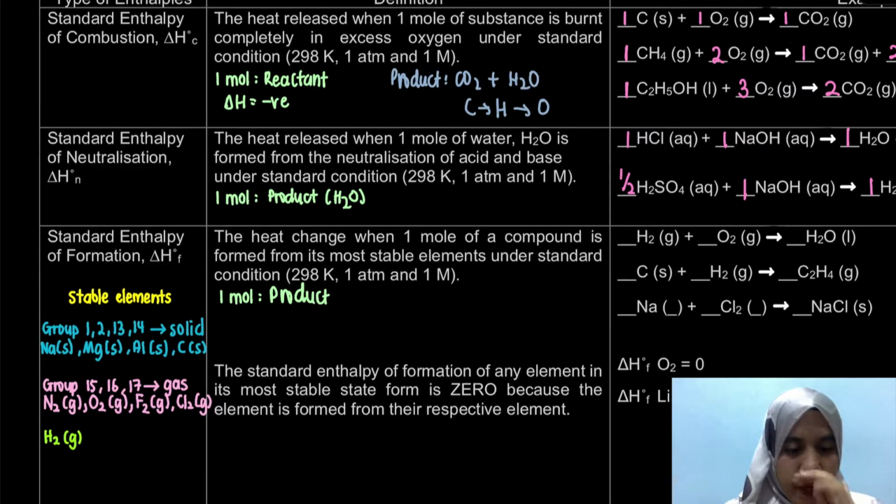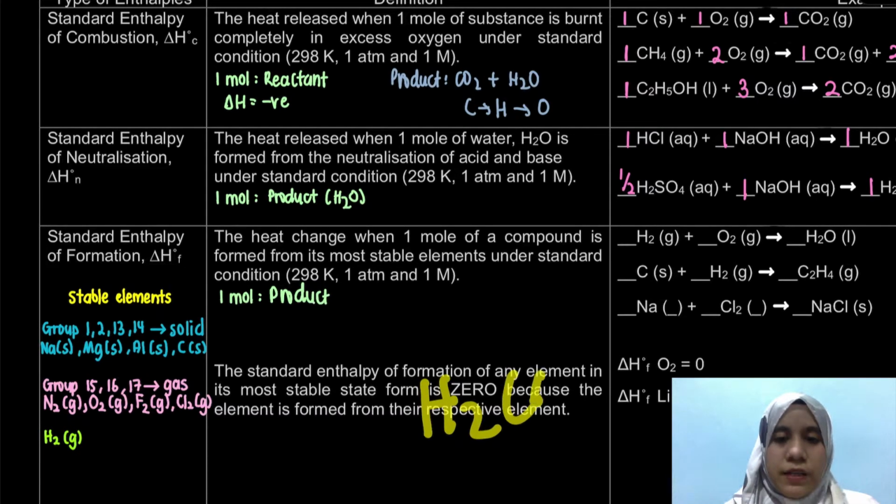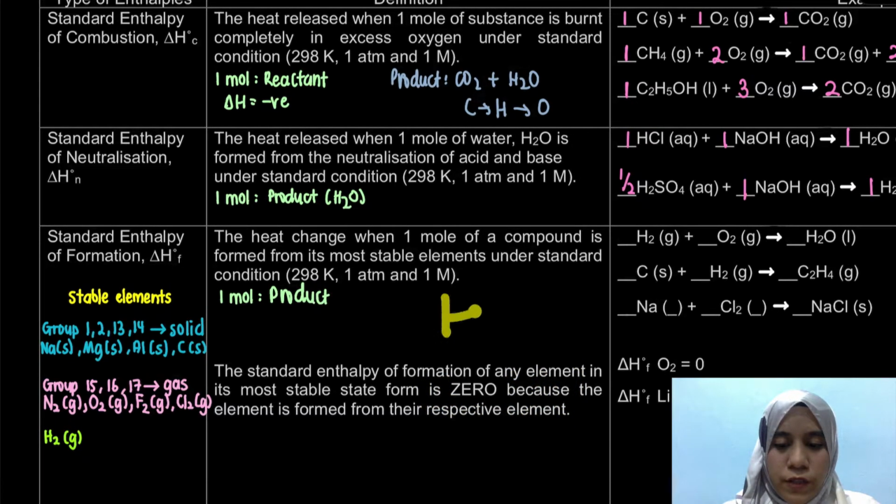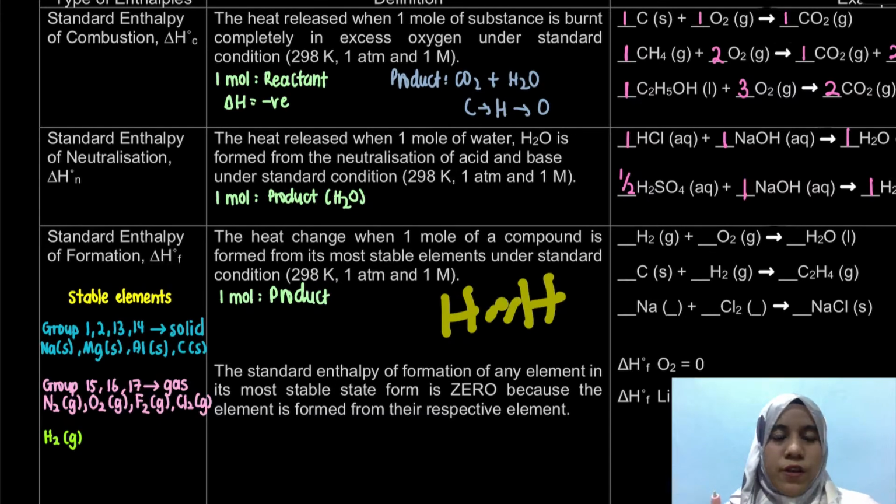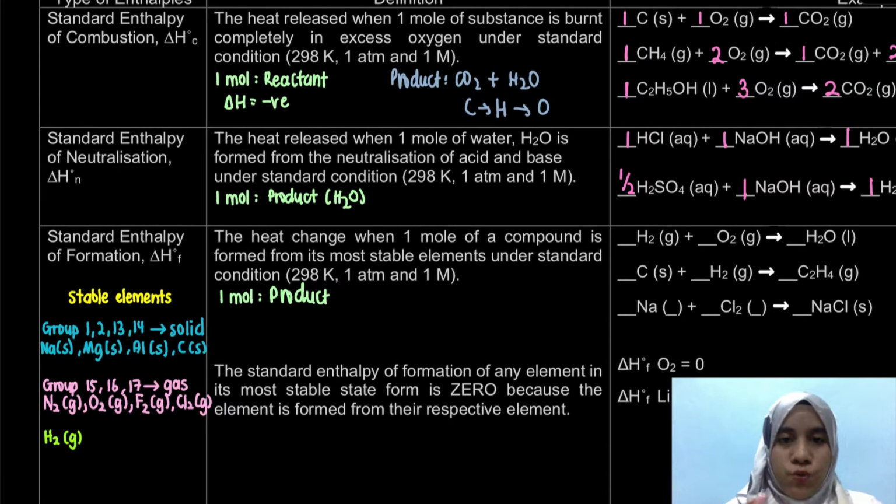That is why the stable element for groups 15, 16, 17 is actually a diatomic molecule. And we have to take note of hydrogen too. Originally it is H2 gas, because it also shares 1 electron. So the stable element is H2.